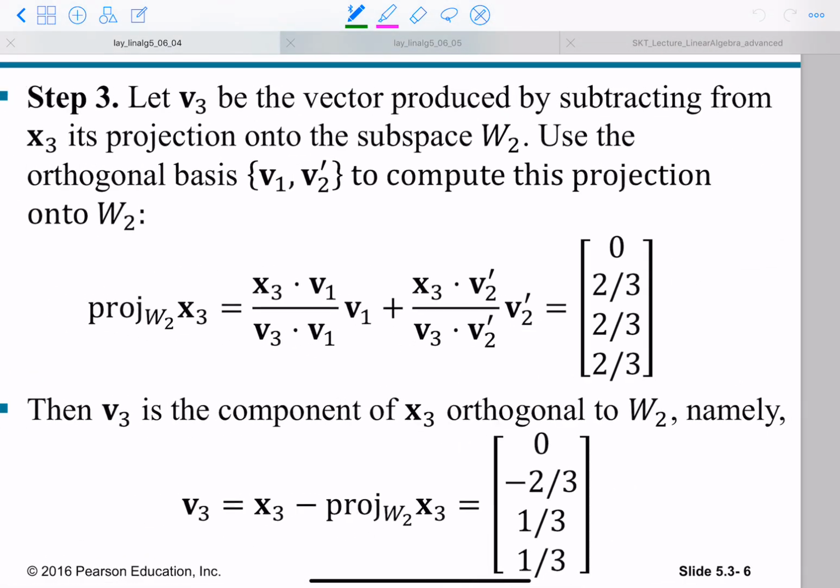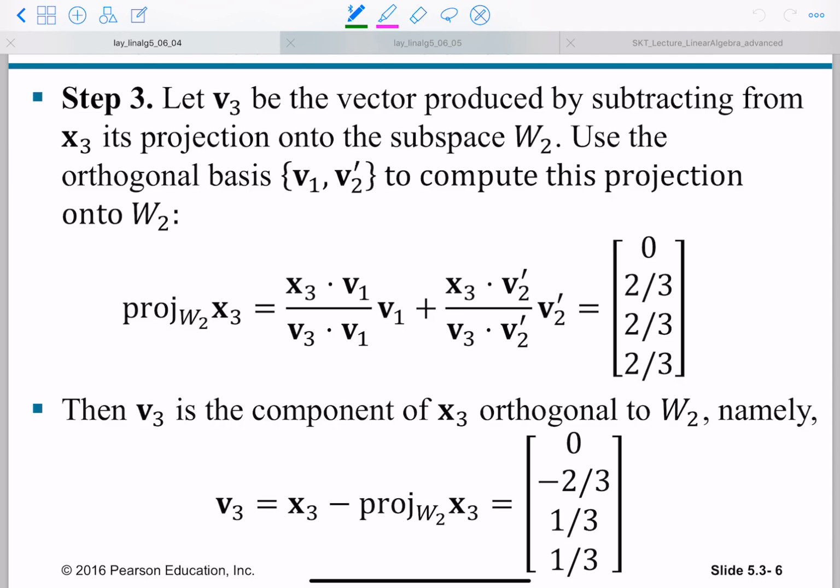Okay, so in this case, if we already normalized v1 and v2 prime, there are a little bit of notation differences, but v1 and v2 prime are just some orthogonal basis vectors. Now let's make them u1 and u2, which are also normal basis vectors.